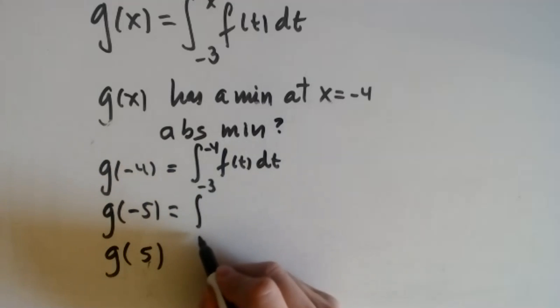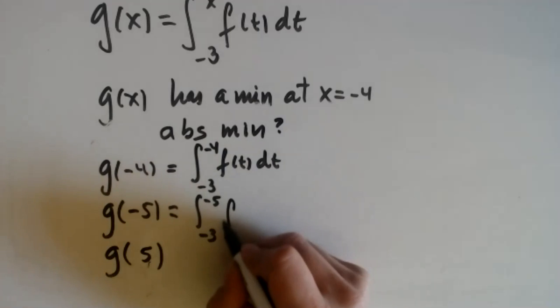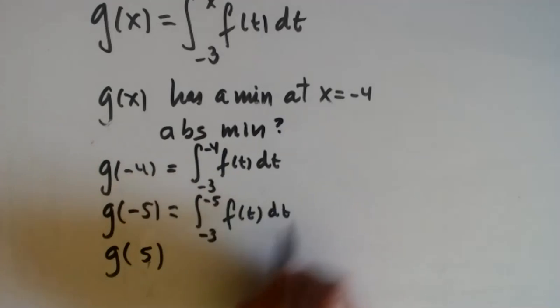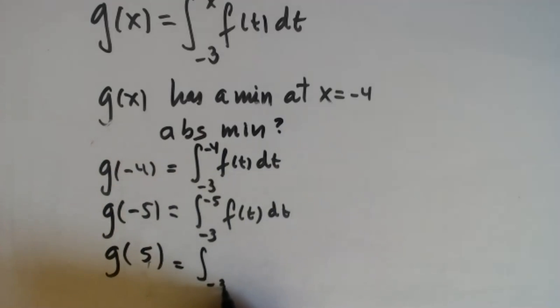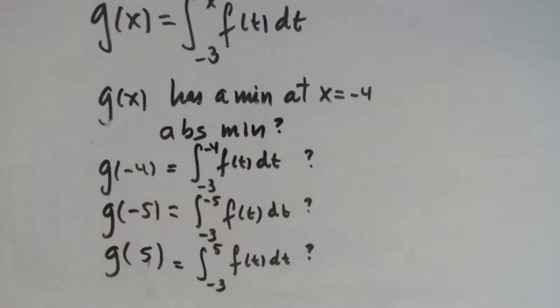This is the integral from -3 to -5 of f(t) dt. And this is the integral from -3 to +5 of f(t) dt. Now, how can you know these values? Well, from the graph, correct?